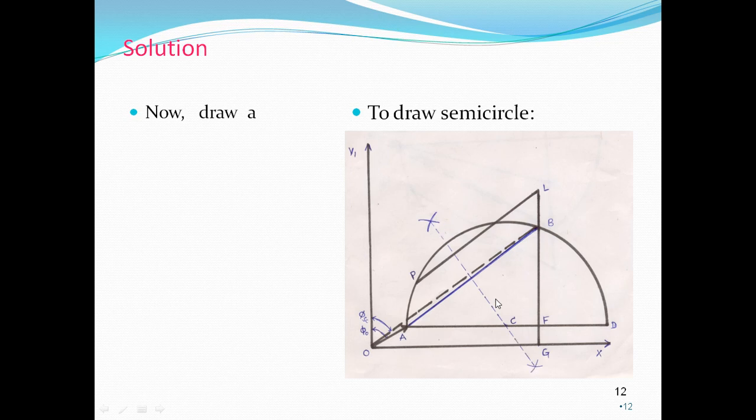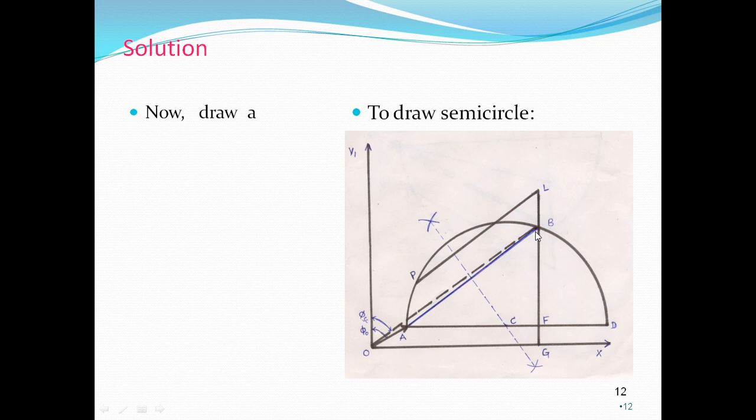When you join these two, it cuts the AD line at point C. Now with C as center and AC as radius, draw a semicircle which passes through point B. Now ABD represents a semicircle.